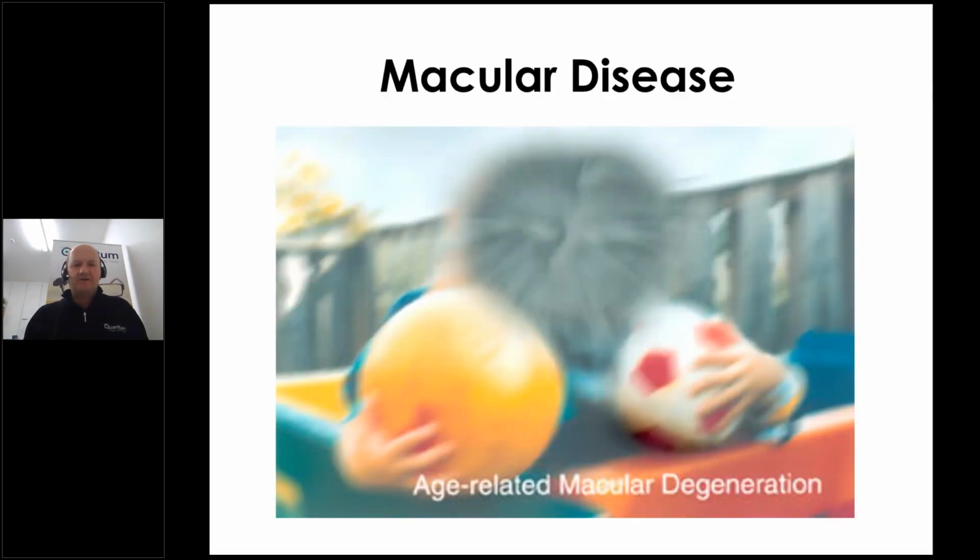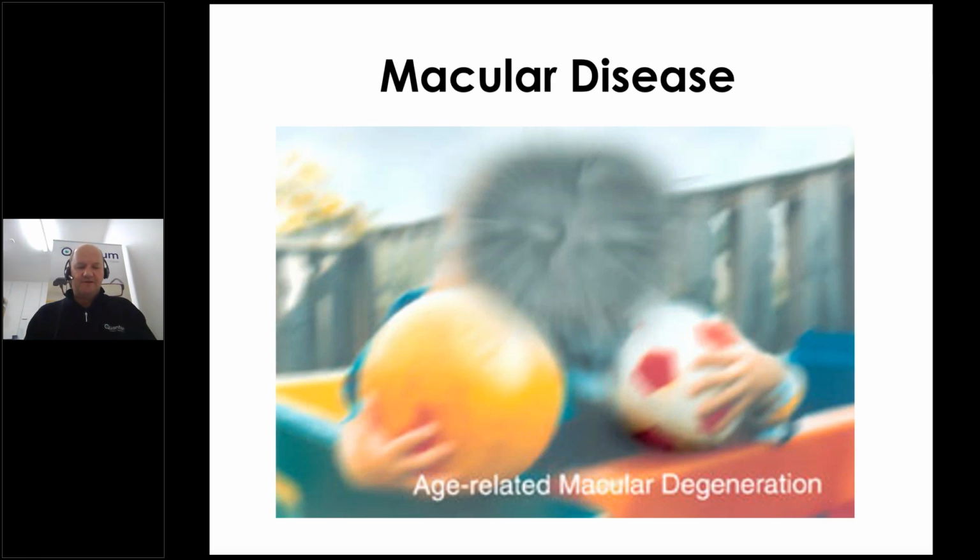Now the last slide is macular disease. So with macular disease, you can see that there's quite a lot of loss or reduction of central vision. So the boys' faces are sort of blurred out, and the person still does have some peripheral vision.